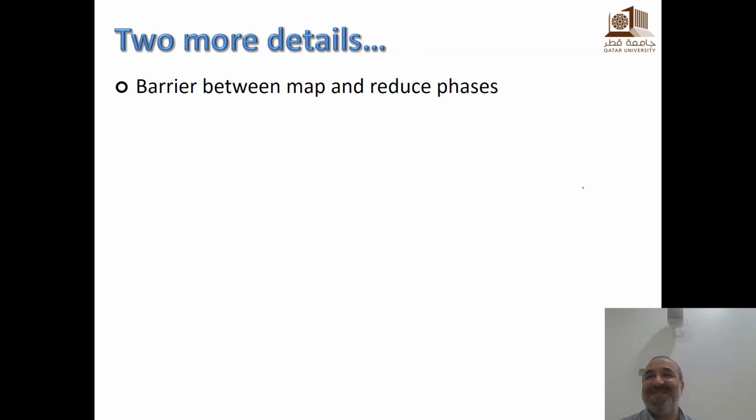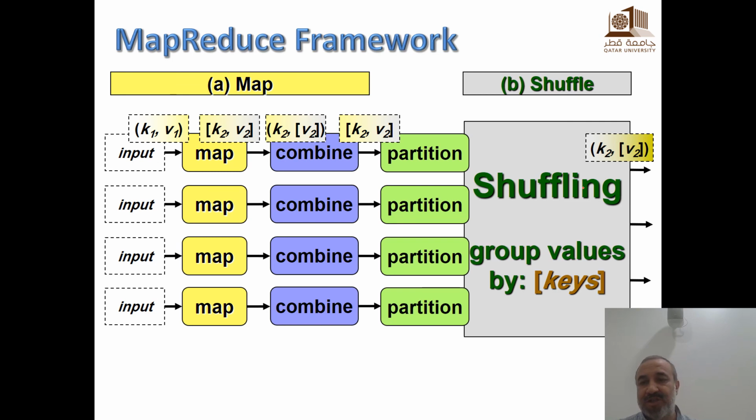It's a bit tight here, but it's clear that this is the input, this is output, this is input, this is output, and this is also output. And we ignored here the reduce.